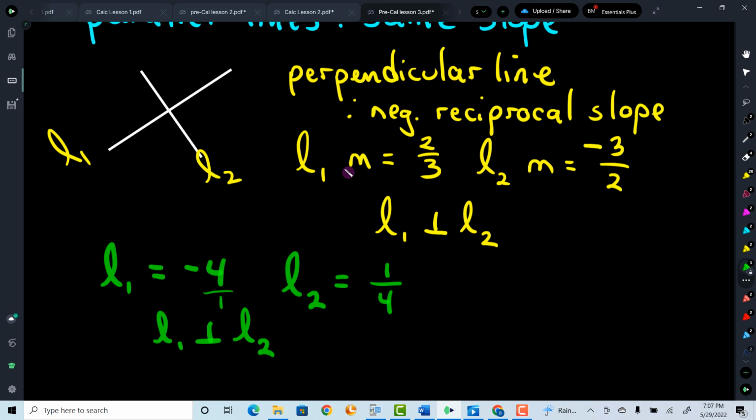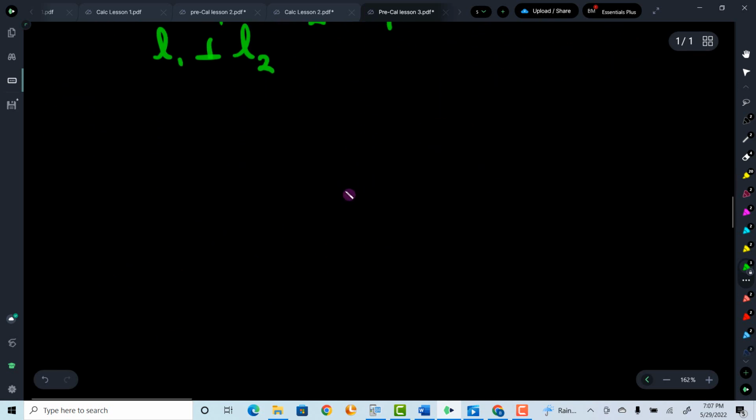Okay, so let's look at a couple other examples. Let's say that I have the equation, right? I have y equals 1/5 x plus 3, okay?